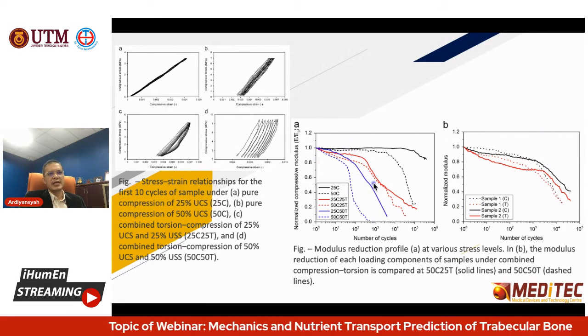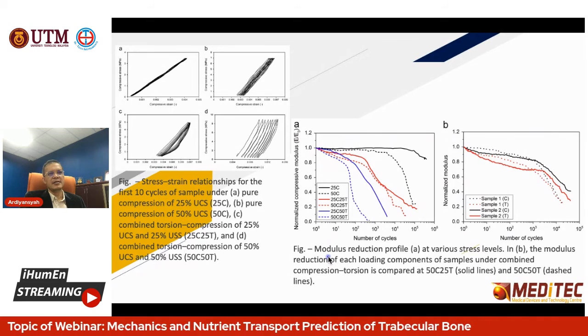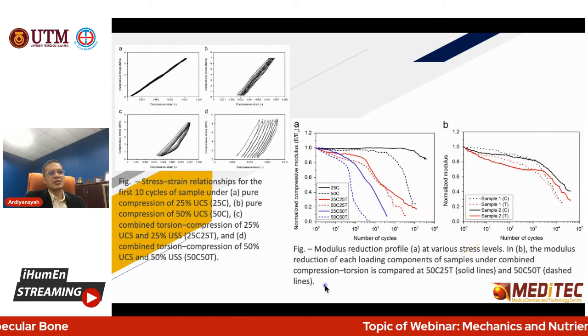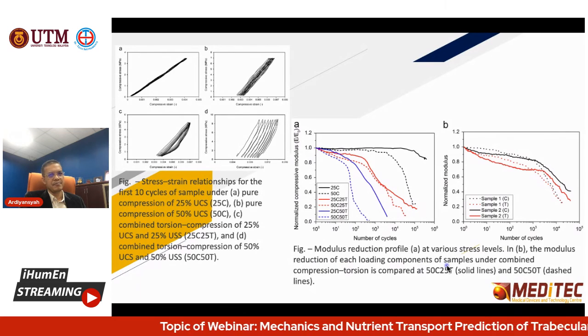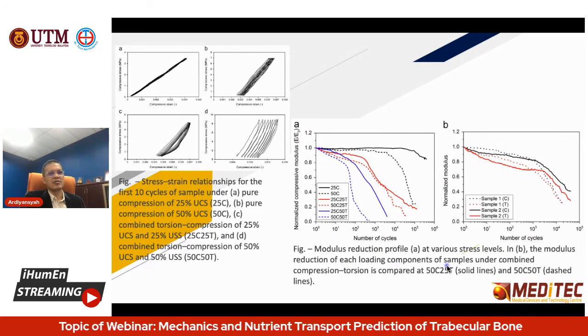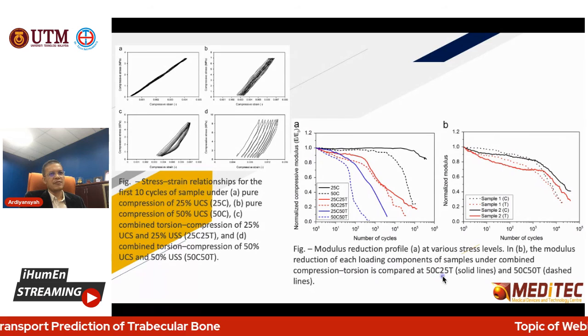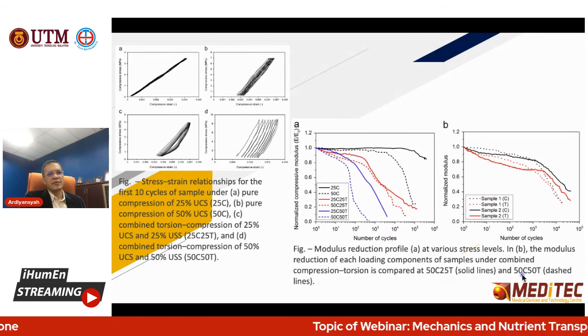In the graph, here is the figure of the modulus reduction profile. A is at the various stress levels, and B is the modulus reduction of each loading component of the sample under combined compression torsion, compared with the 50 compression, 25 compression, and 50 compression.